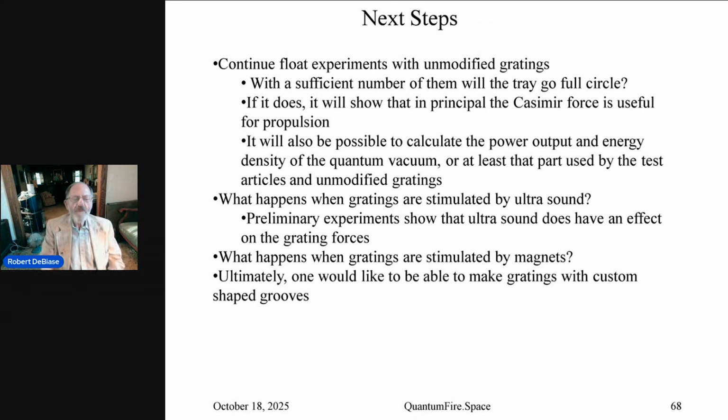It will also be possible to calculate the power output, notice I say power output, of the quantum vacuum, or at least that part used by the test articles and unmodified gratings. And the reason being, if it goes around, there's a force that's overcoming friction, which can be determined, and force times velocity is a power.